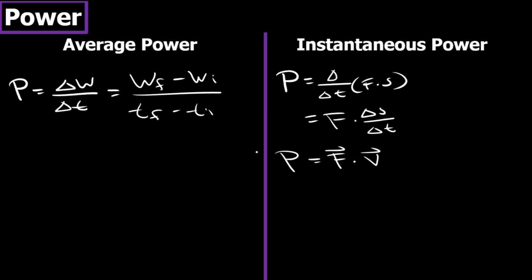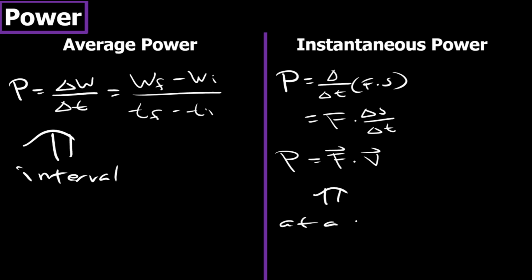We didn't talk about intervals. All we talked about is what is the velocity of the body at that point, and what was the magnitude of the force and the direction at that moment in time. So as you can see, we talk about intervals here, and this is at an instant, which is why there's a difference between average power and instantaneous power.